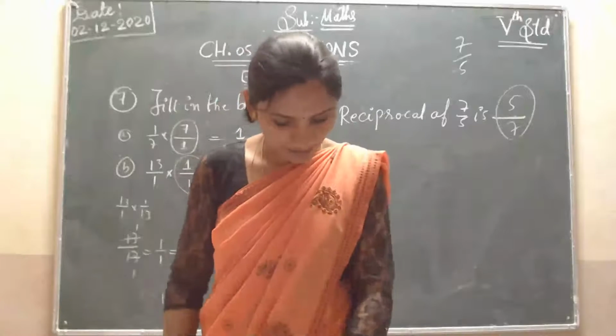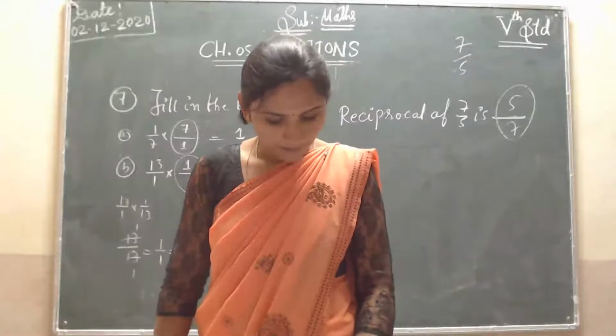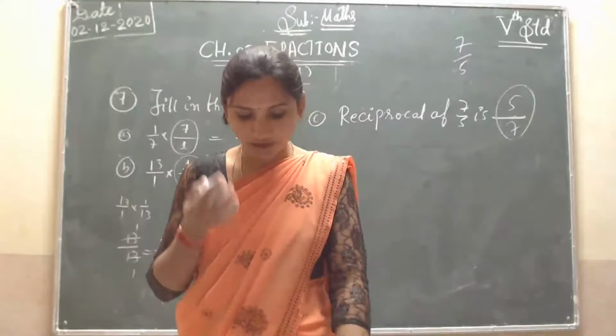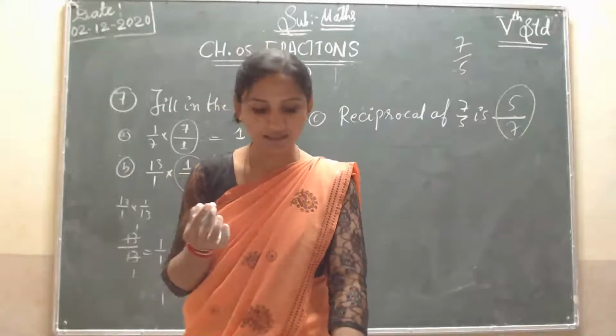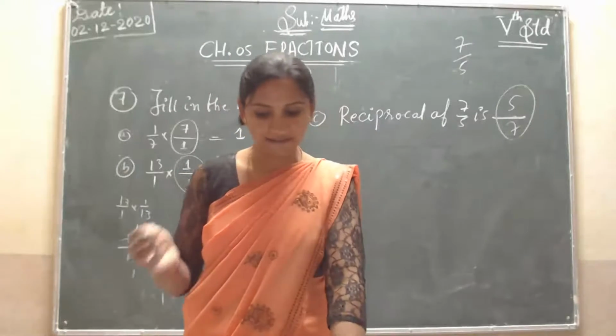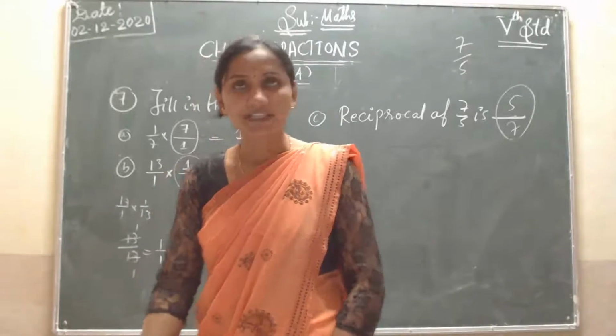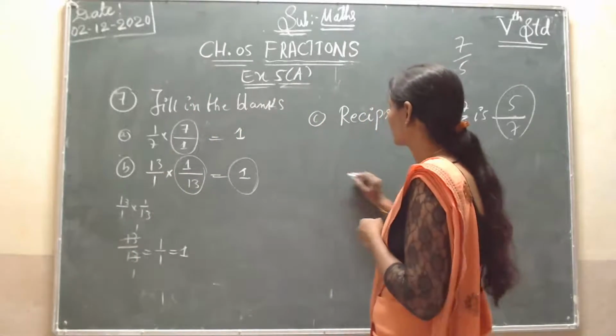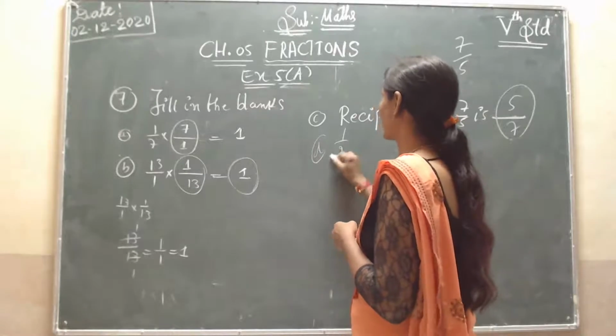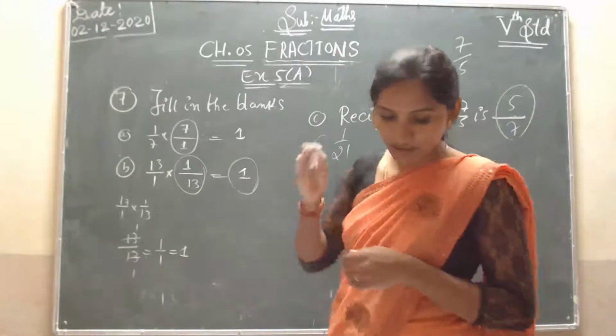Next question is given: the multiplicative inverse. Inverse means, given 21, I have to take 1 by 21. Inverse in the D question is 1 by 21, because given the inverse.